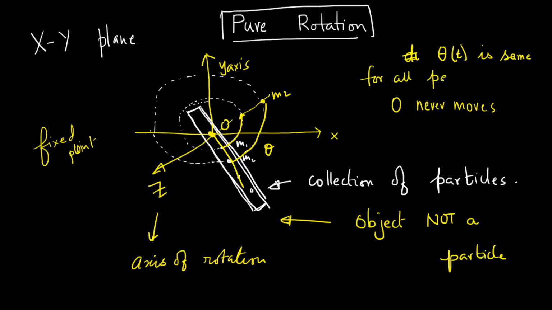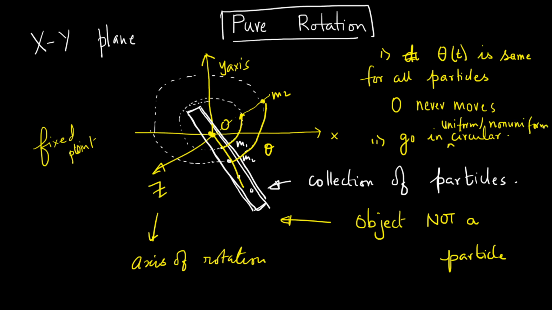So that's the first obvious observation, and the second observation is that all particles go in a circular motion, but not necessarily uniform. So it could be uniform, of course, but it could also be non-uniform.